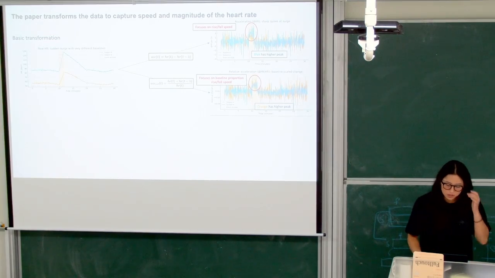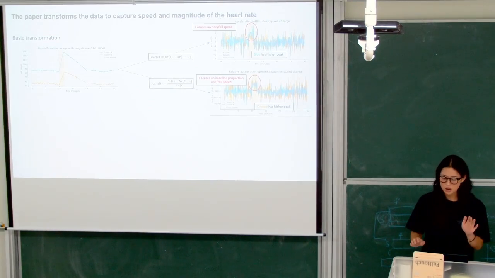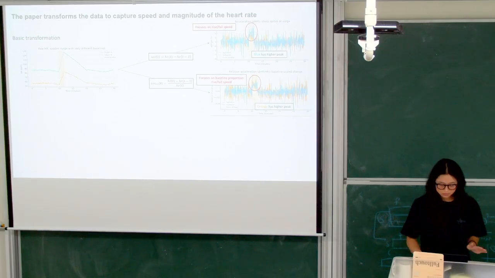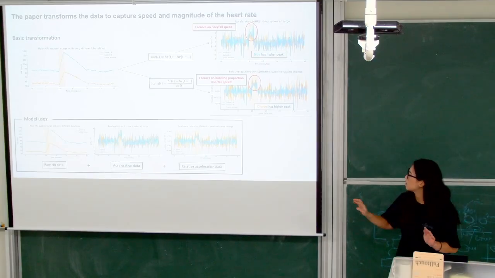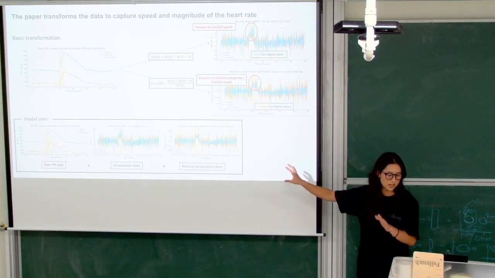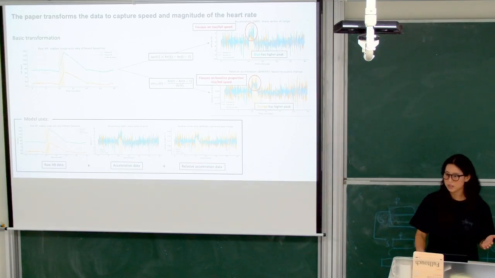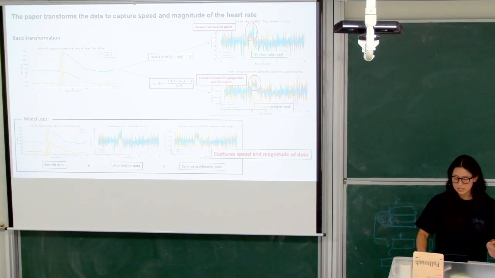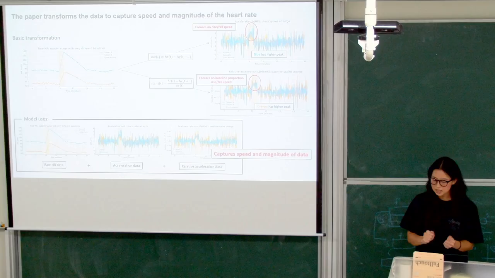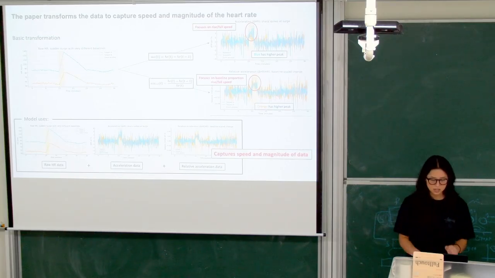So it focuses on the baseline portion and rise-fall speed. The model only uses these three data as a starting point for the input, and this captures the speed and the magnitude of the data.